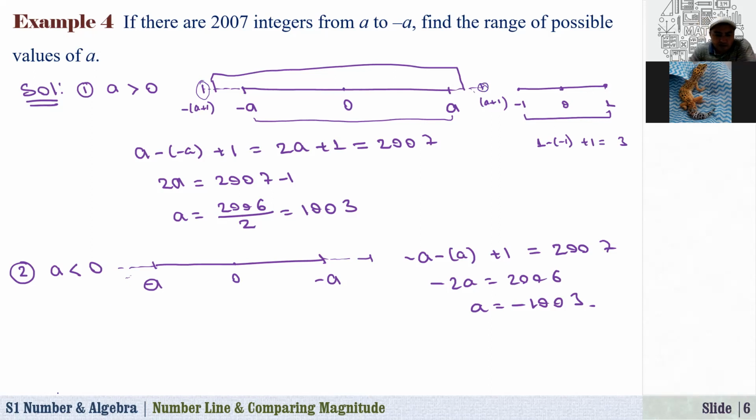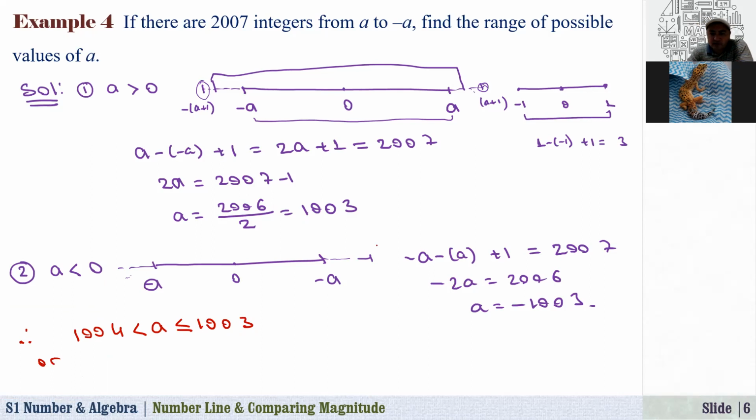So at that time, the answer will be the possible values of a. For the first case, it is 1004 less than a less than or equal to 1003, sorry, it's not 2004, it's 1004.